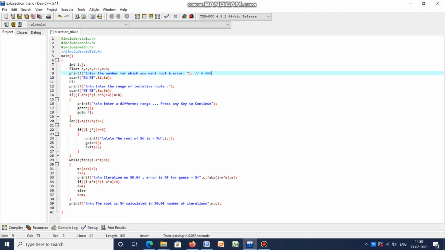Okay, so if I am trying to find an error up to 4 decimal points, it is here, you see. If my error is less than that, then obviously up to 4 decimal points my results are correct.